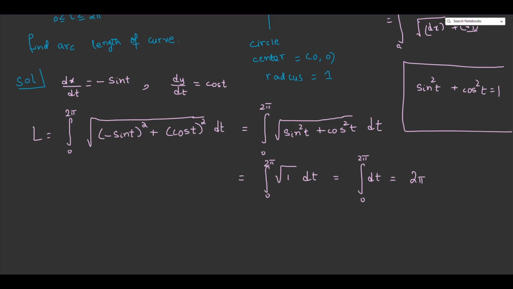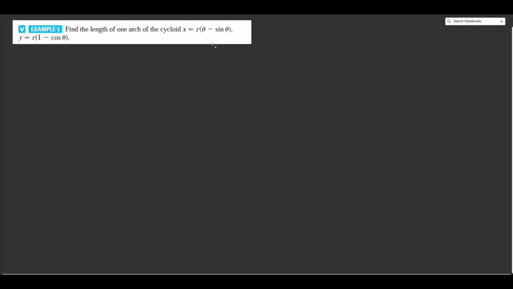Okay, the next question, let us do one more question. Find the length of the arc of the cycloid: x equals r (theta minus sine theta), y equals r (1 minus cosine of theta).